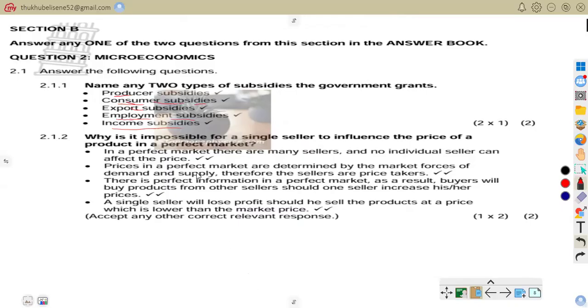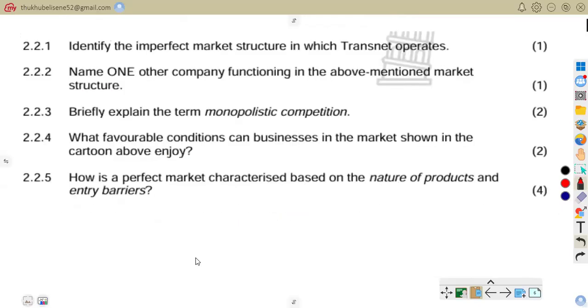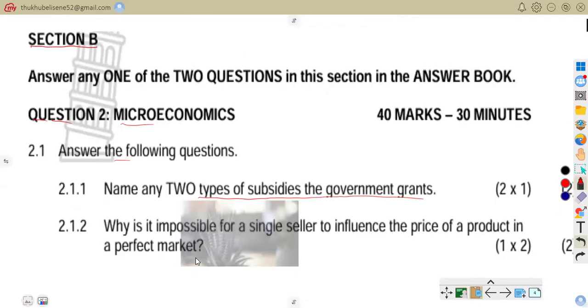So we have income subsidies. With income subsidies, it's a direct income support, like social grants, pension payments. Hope we are together on that. Let us go straight to the question on 2.1.2. Why is it impossible for a single seller to influence the price of a product in a perfect market?